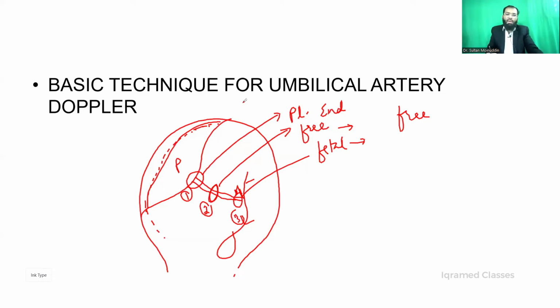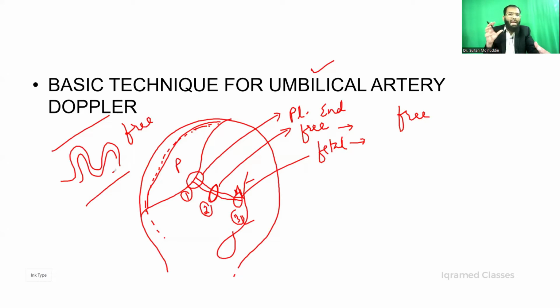So when you are doing umbilical artery Doppler, you have to be very careful that the loop of cord which you select should ideally be a free loop. Free floating loop is always ideal when it comes to umbilical artery Doppler.